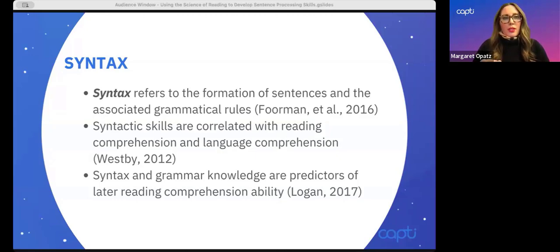So it's really important for students to be able to understand why the adjective comes before the noun, so that they can comprehend the way that text is constructed. And then we also know that syntax and grammar knowledge are predictors for later reading comprehension ability. So if students are really struggling at this sentence level, they do need support in order to be able to comprehend and be successful long term.